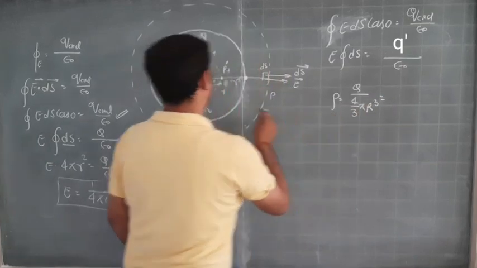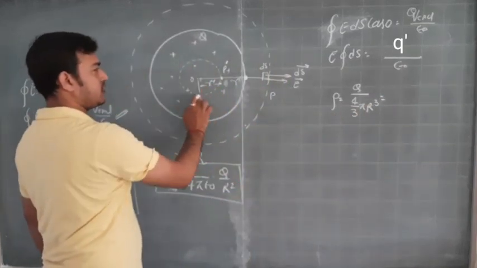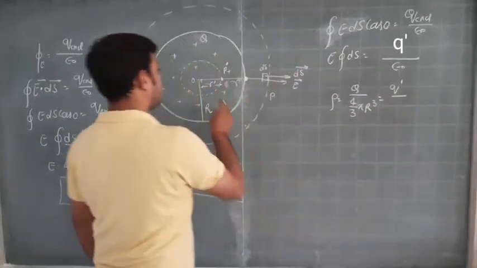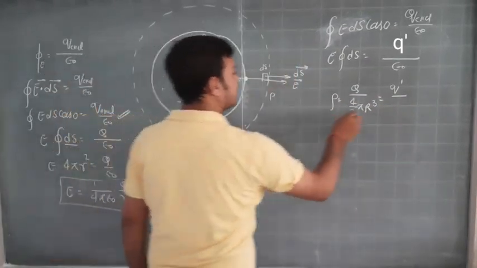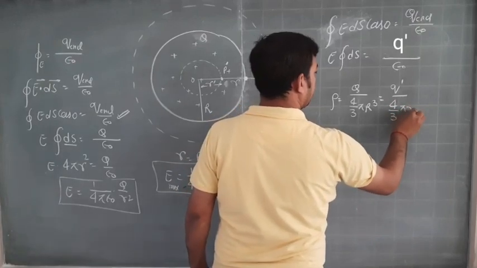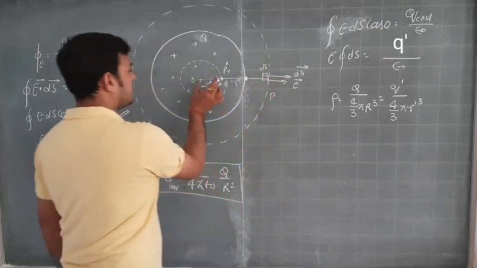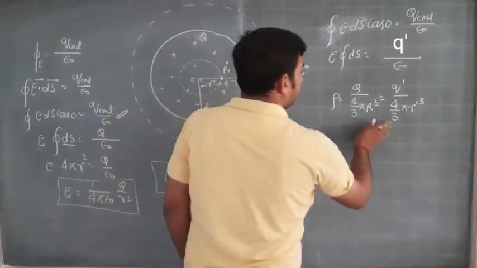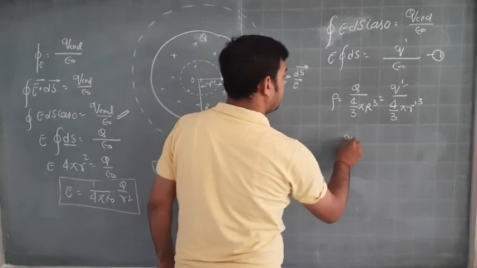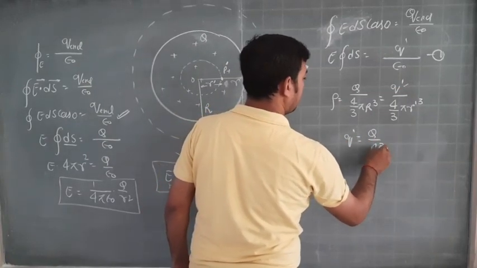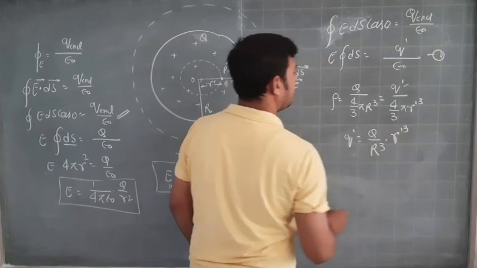We can also find the density for this small Gaussian portion, and let me take the charge inside this Gaussian surface as q dash, and the volume will be 4 by 3 pi r dash cube, because r dash is the radius of my Gaussian surface. If you equate these, q dash equals q by R cube into r dash cube.